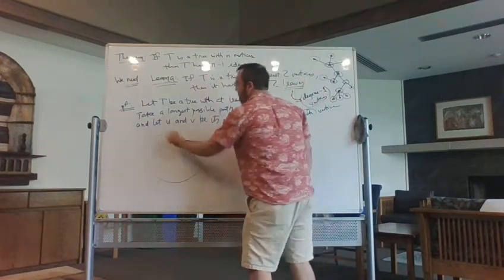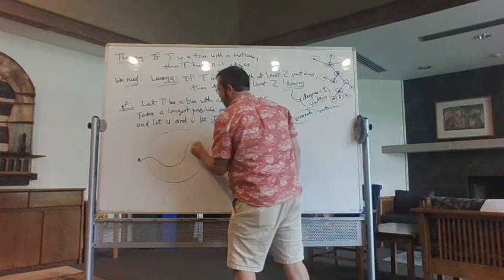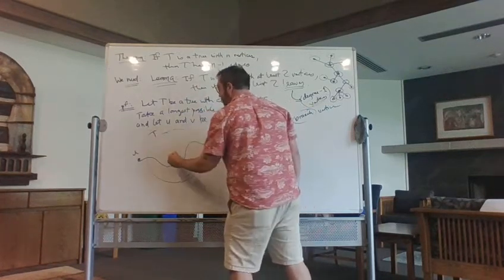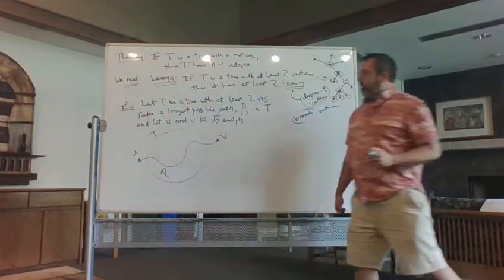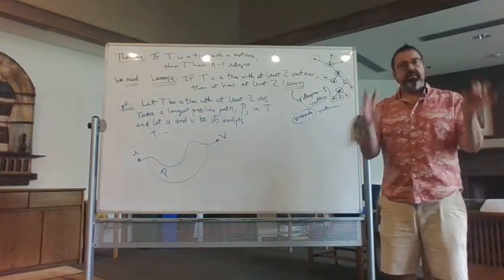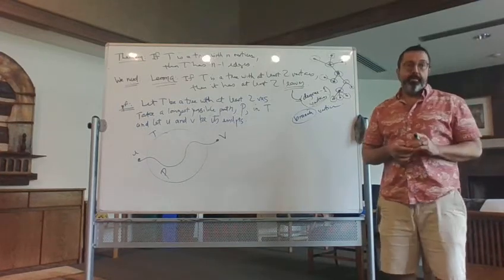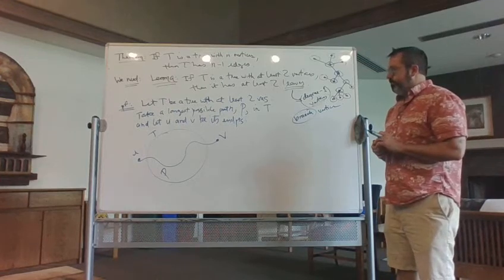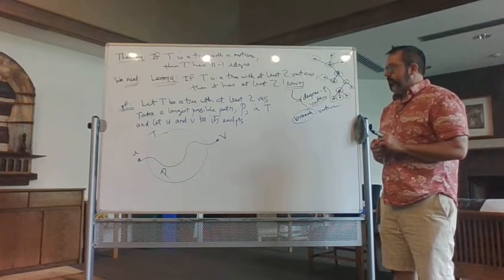So I'm just going to draw kind of a picture here. U, V, this whole thing is T, and here is the path that goes from U to V inside of T. That's the longest possible path we can find. Now remember what a path is. A path is a walk.